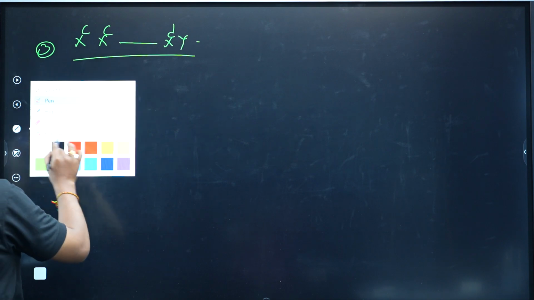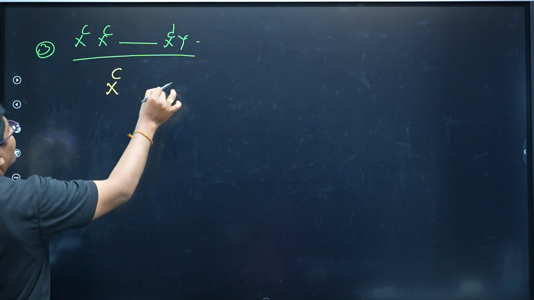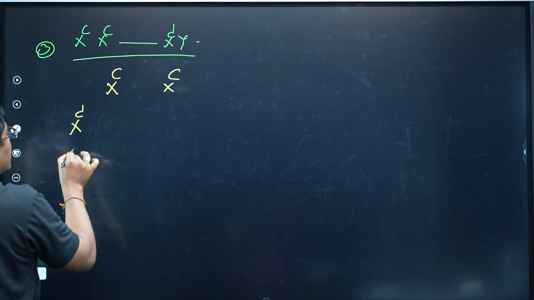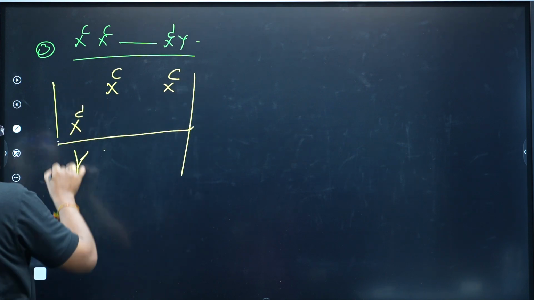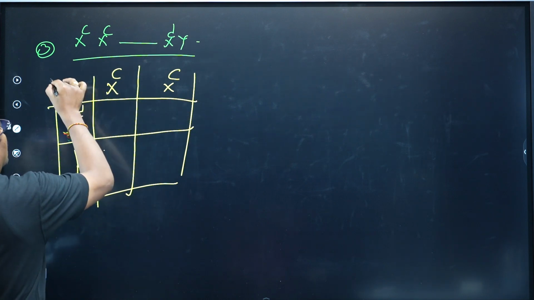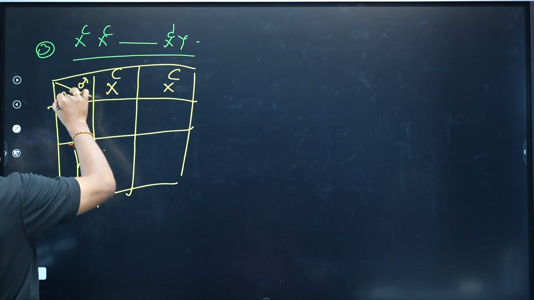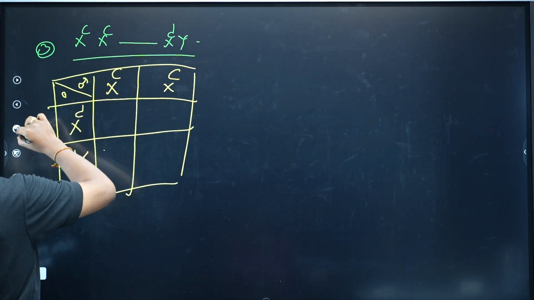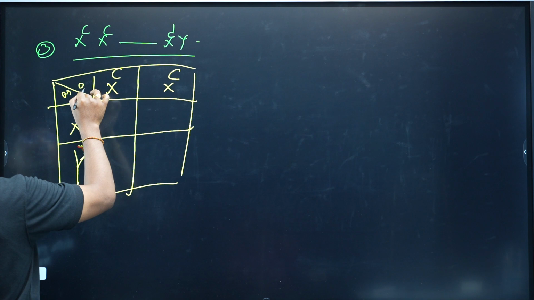So now we will draw this again: capital C, capital C, and small c and Y. It is another Punnett chart. In our examination, 2023 NEET had one question and 2022 NEET had one question based on this.